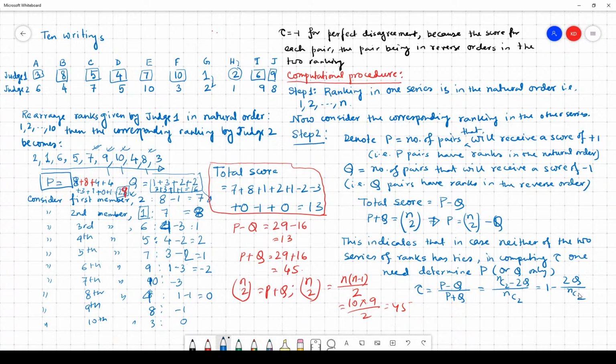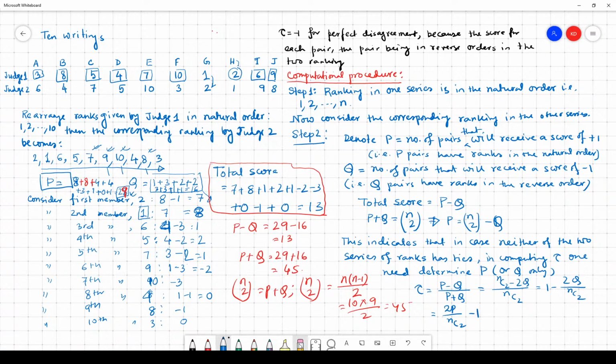So instead of computing total score, you can also just compute Q or compute P, and you can easily get tau. Or this is equivalently 2P by NC2 minus 1.